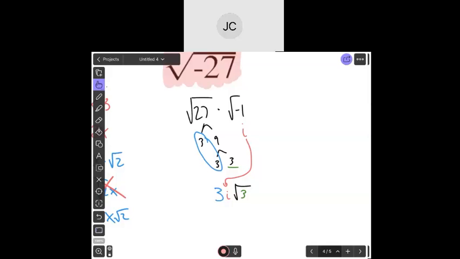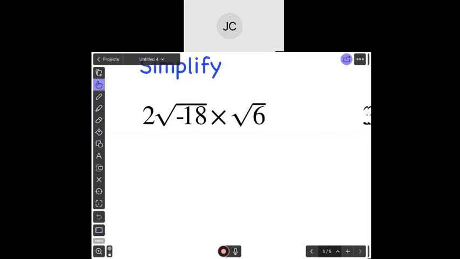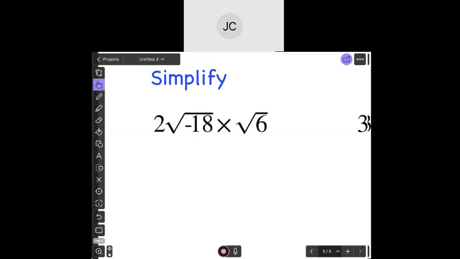All right, one last thing I want to show you guys real quick. It's not going to be anything crazy new. It's just looking at a problem with multiplication and the negative in it. So again, at multiplication of two radicals, we look at the outside numbers, the normal numbers. In this case, I have a 2 here, and then I'd have a 1 right there.